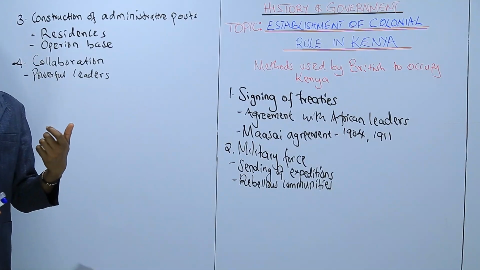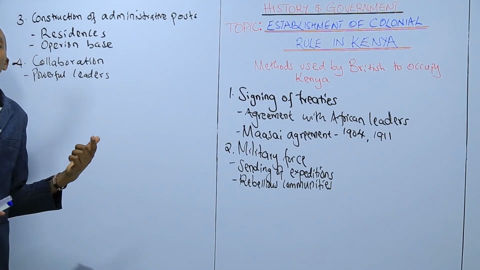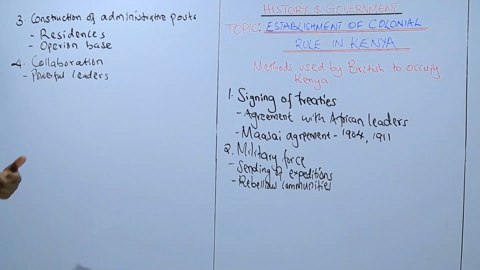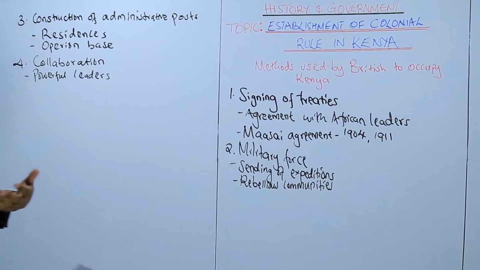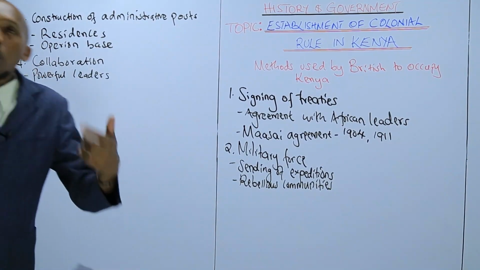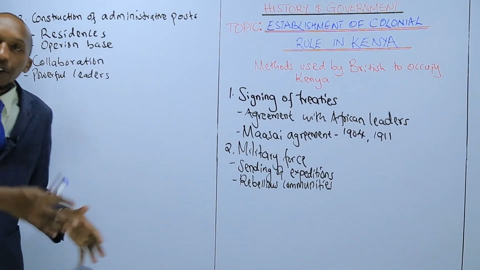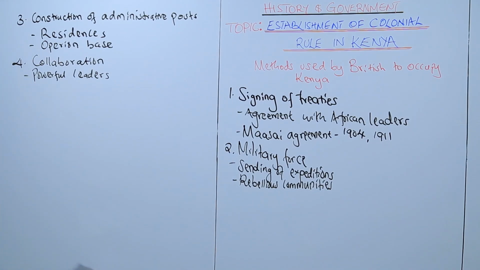And another one is the Wanga, Nabongo Mumia of the Wanga people. So they collaborated with these African leaders to be able to conquer other communities. So they used one African community to fight against another African community.